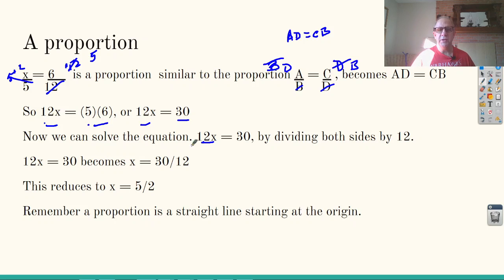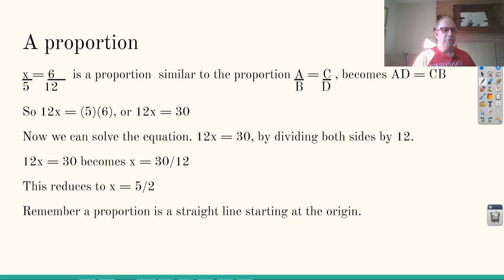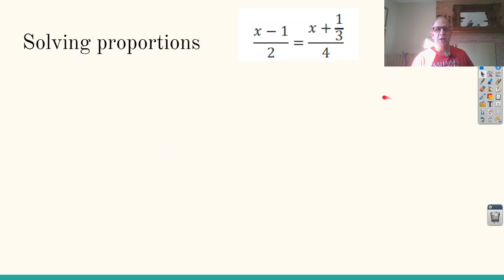So now I can solve the equation 12x equals 30 by dividing both sides by 12. 12x equals 30 becomes 30 over 12. 30 over 12 reduces to 5 over 2. Just as a note, remember proportions are straight lines starting at the origin, so they're very similar to linear expressions or equations. So let's step on, let's practice.